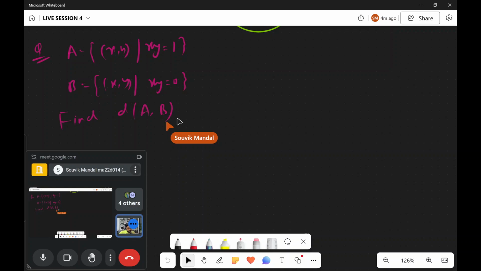So there are two sets. The first set is all those points x, y such that xy is equal to 1, and the second set is all those points x, y such that xy equal to 0. Now the question is to find d of A comma B. So first, anybody can tell me, the first set A is xy equal to 1.